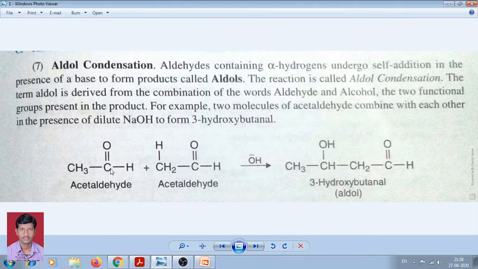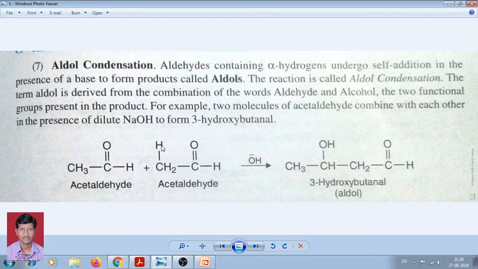It means the compound has an alpha hydrogen on the alpha carbon atom.